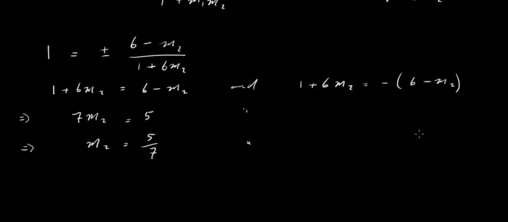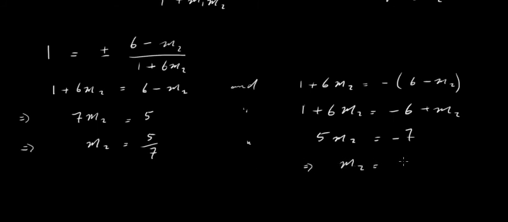We've also got on this side, 1 plus 6m2 is equal to minus 6 plus m2. I can subtract m2 from both sides, that will give me 5m2 on the left hand side. On the right hand side, subtract 1, that will give me minus 7, so that will give me m2 is equal to minus 7 over 5.